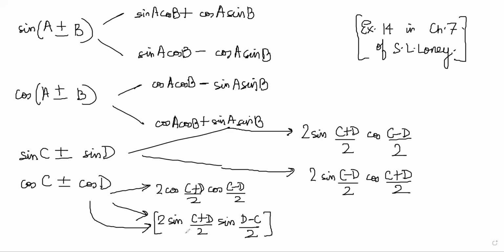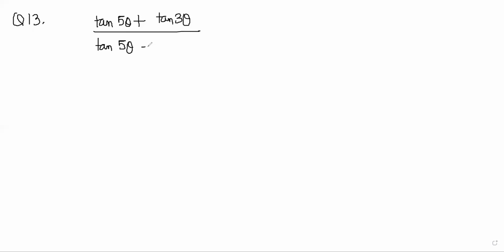Okay. So let's see question number 13 in that exercise. Question 13 says you have to prove tan 5 theta plus tan 3 theta by tan 5 theta minus tan 3 theta is equal to 4 cos 2 theta multiplied by cos 4 theta.